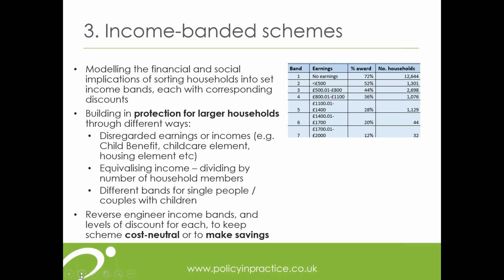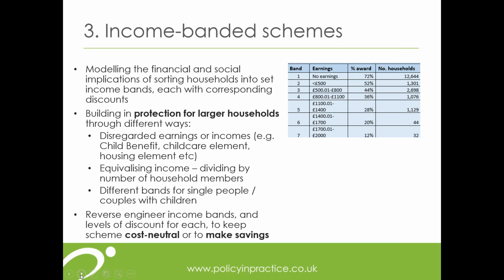And as you can see to the right hand side, we provided a breakdown of how many households fell into each band. The majority were in the most generous band of 72% of their CT liability as an award, which allowed Barnet to meet their key objectives of reducing costs while also protecting those with the lowest earnings from the highest levels of cuts to the scheme.